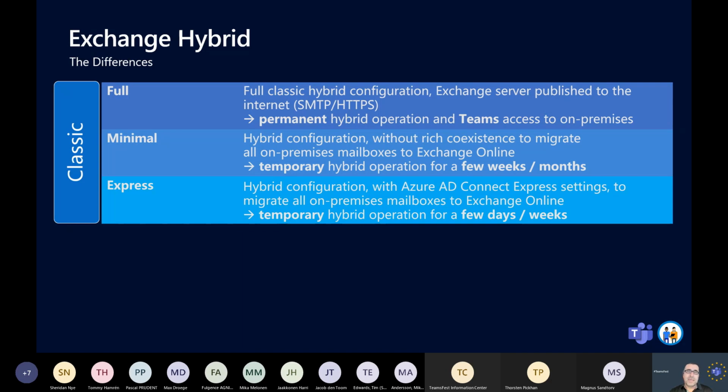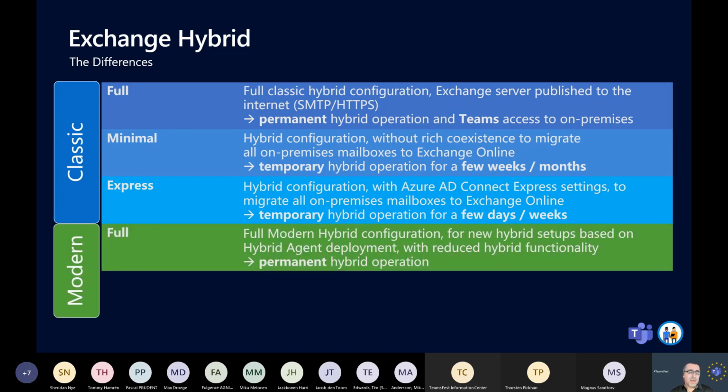And the hybrid configuration wizard installs Azure AD Connect and configures it using the Express mode, which synchronizes the full Azure Active Directory, which is something that normally an enterprise is not interested in. In comparison, the modern full hybrid is for the permanent hybrid operation as well, but this operation model does not work with Teams access to on-premises mailboxes.